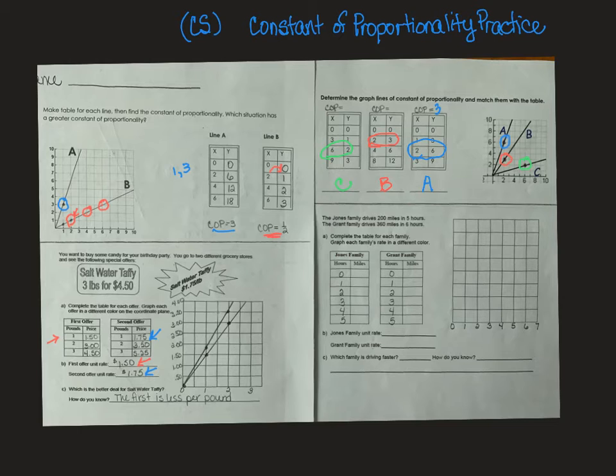In the second one, I'm looking for what am I multiplying the x by to get the y? And each time I'm multiplying times 1.5, okay? Because 2 times 1.5 is 3, 4 times 1.5 is 6, so every time I'm multiplying by 1.5.